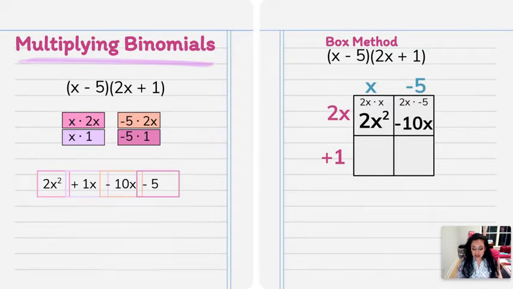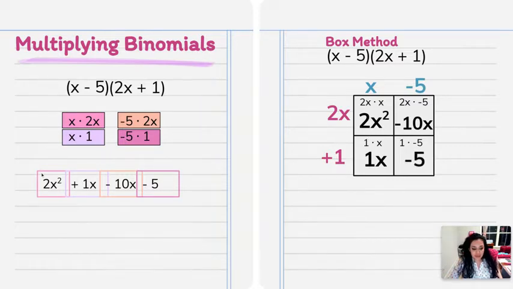Now I'm going to take positive 1 and x. Put those right next to each other. Multiply. So 1 times x, and I get 1x. And the last box I'm going to fill out with just the two constants. Put those right next to each other, 1 and negative 5, which means multiply. So 1 times negative 5, and I get negative 5.